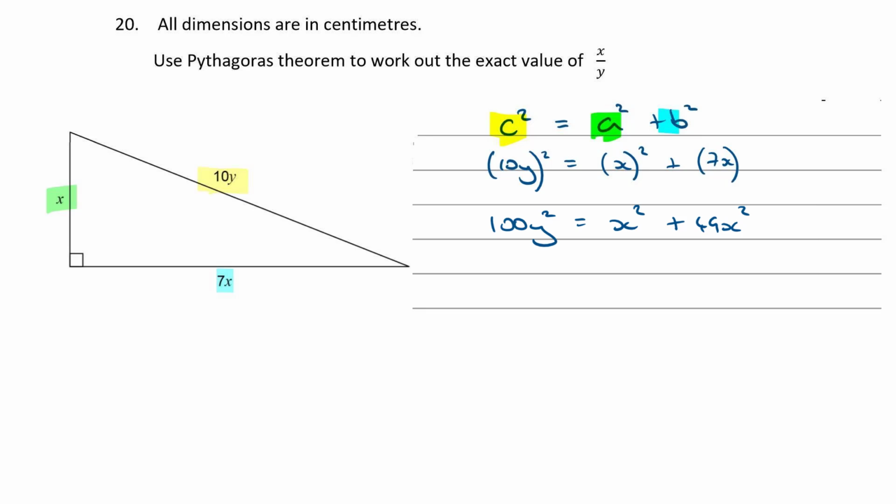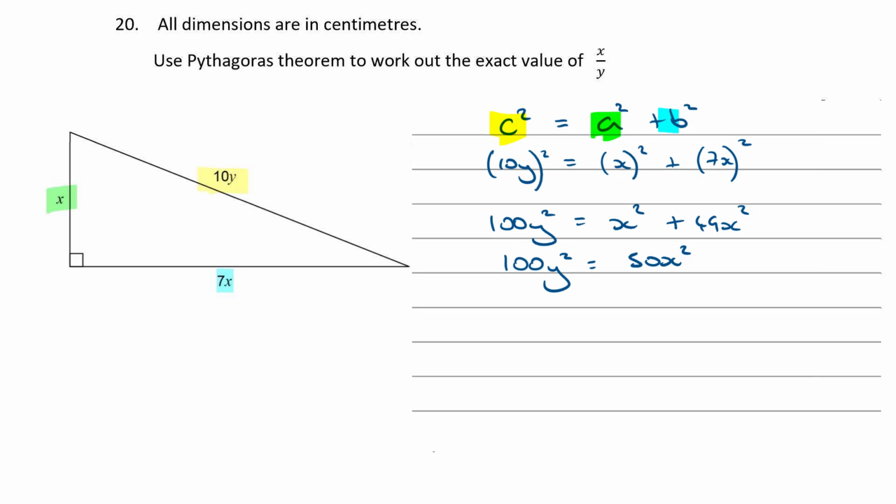Oh, sorry, I missed a square off there. So 100y squared is equal to x squared plus 49x squared. In other words, I've got 100y squared is equal to 50x squared.